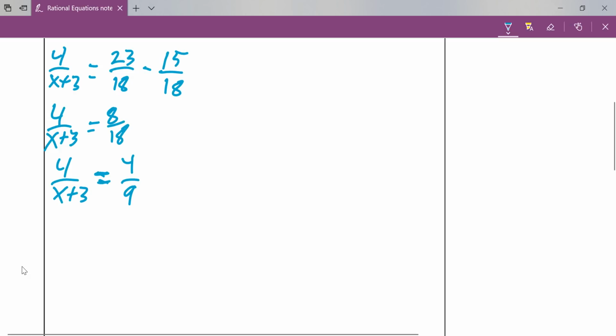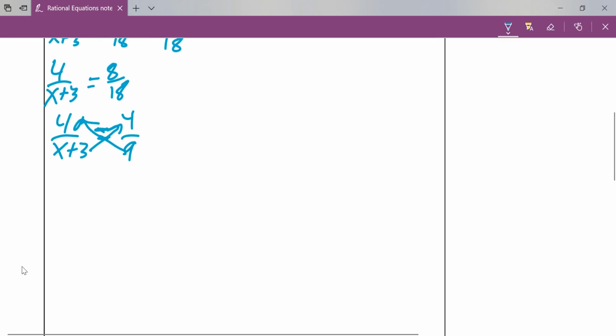And by cross multiply, we're going to start with this first one and say the denominator is going to be multiplied by the numerator of the other one. Same thing here, the denominator of the second one is multiplied by the numerator of the first one. That means 9 times 4 is 36, and that is equal to 4 times x plus 3.